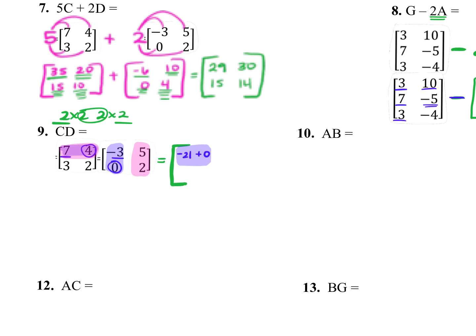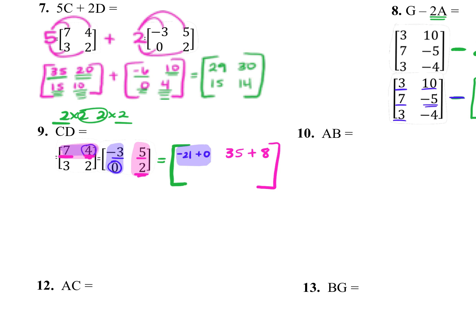So it's going to be 7 times 5, so 35, plus 4 times 2, which is 8. So that's first row, first column, and first row, second column.